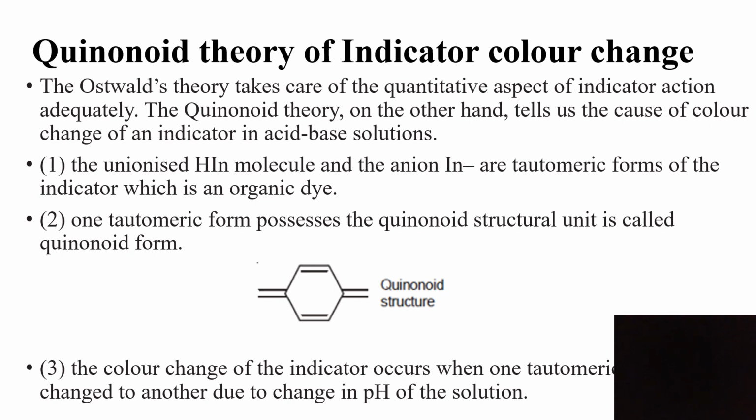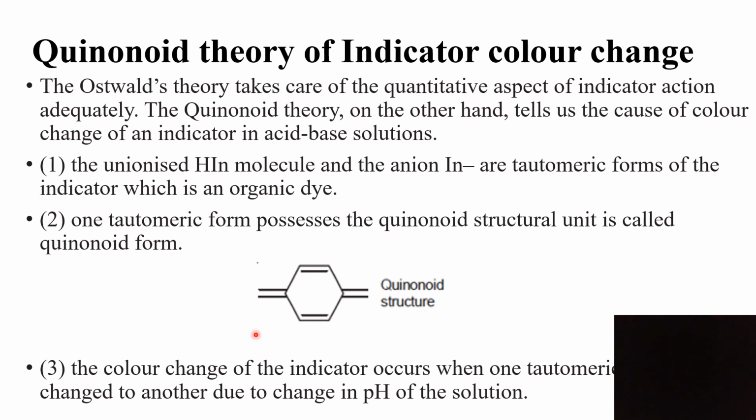Next comes the quinonoid theory. The quinonoid theory tells us the cause of color change of an indicator in acid-base solution. It says that the unionized HIn molecules and the anion In minus are tautomeric forms of the indicator, which is an organic dye.